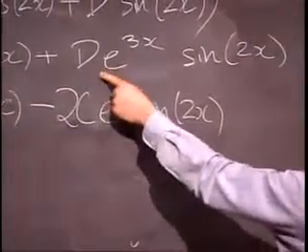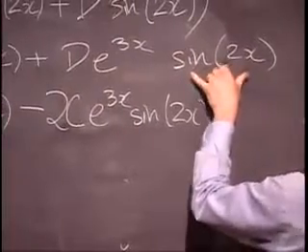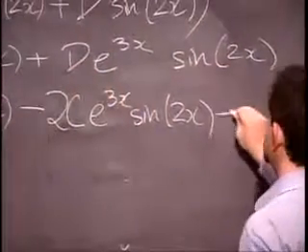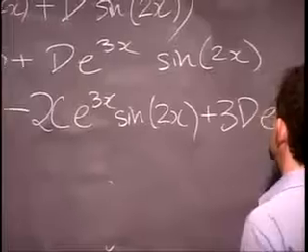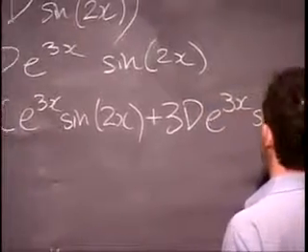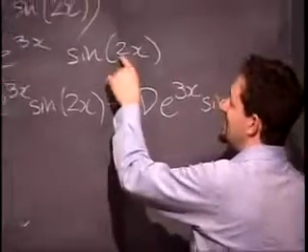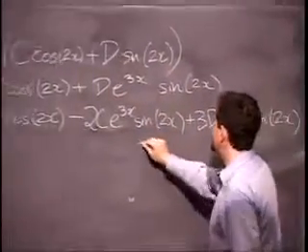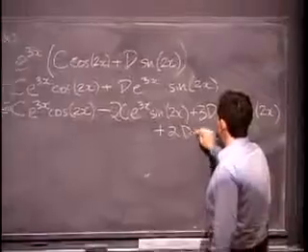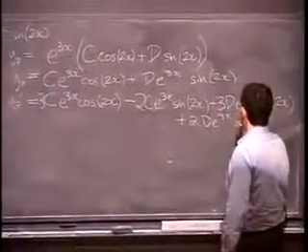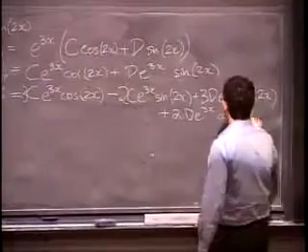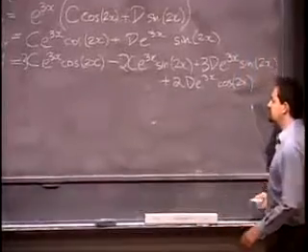And then on this term, we'll get, again, 3D e to the 3x sine 2x. And there'll be one more term from the derivative of the sine. That's going to be 2 cosine. So it's 2D e to the 3x cosine 2x. And it's a bit of a mess, but you notice you can group some terms together.